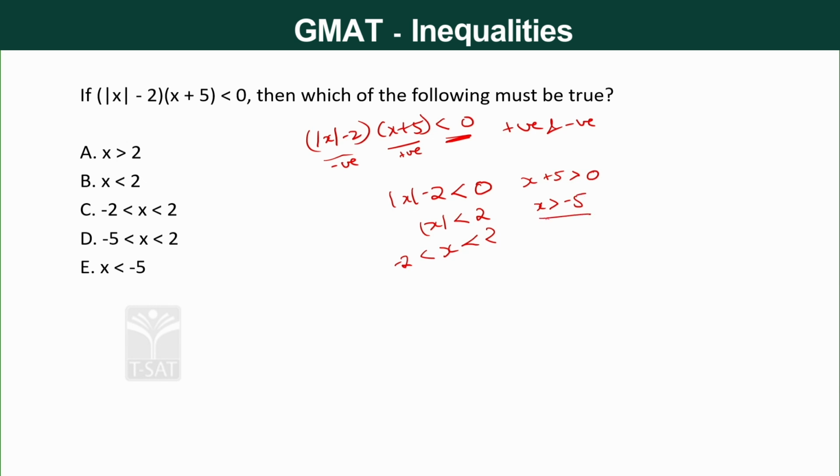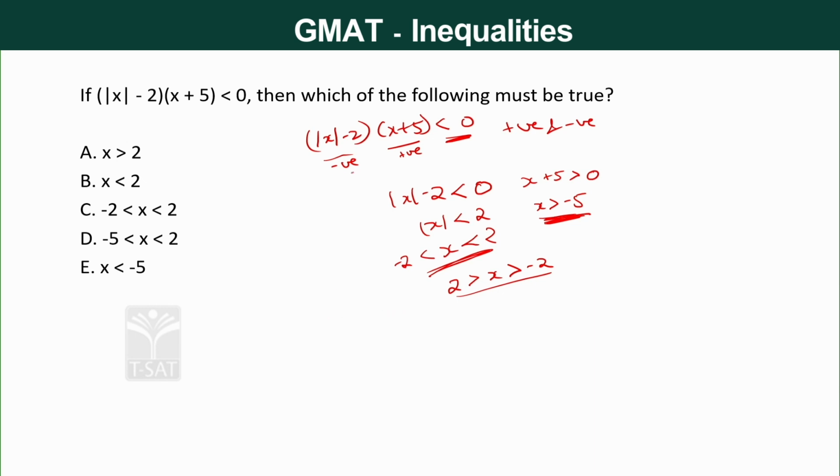You need to find the x that satisfies both of these conditions. So, x greater than -2 will automatically mean that x is greater than -5. This is our range, between 2 and -2, when |x - 2| is negative and x + 5 is positive.